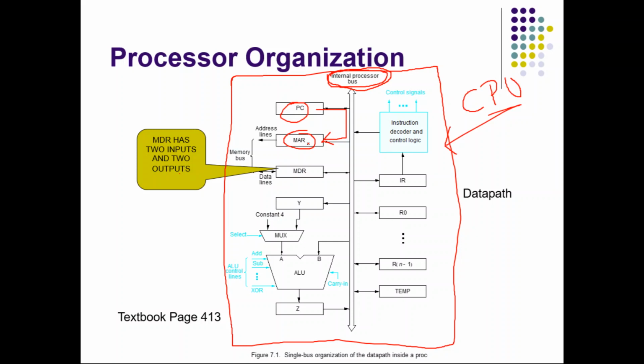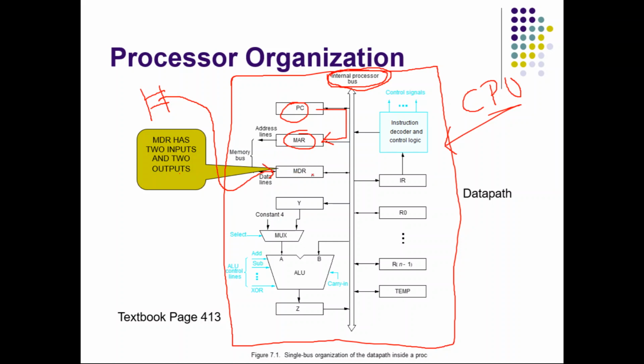Then you give a read operation, and the read line will be activated. Read from memory will be activated. Then whatever this address specifies, that location contains an instruction, and that instruction will be loaded to the MDR through the data lines.